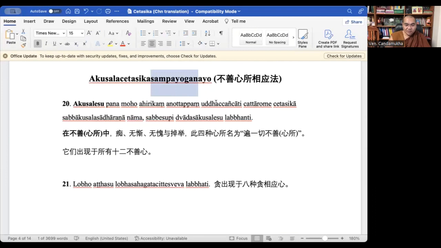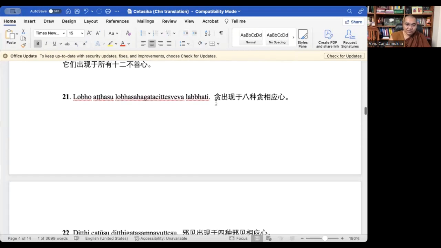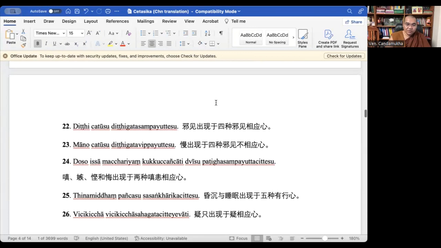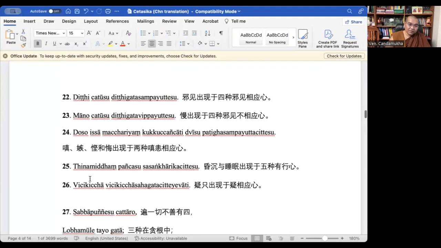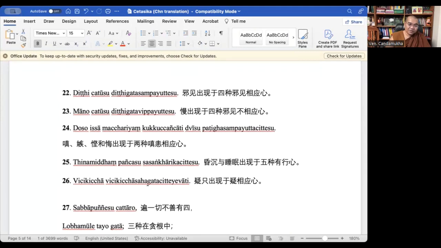If they all associated the same way, we could include them under one method only. That's why in the Sampayoganaya there are paragraphs 21, 22, 23, 24, 25, 26, up to that. There are several Sampayoga methods.